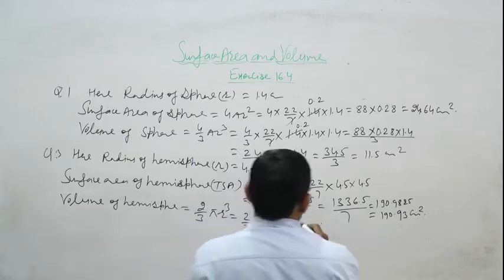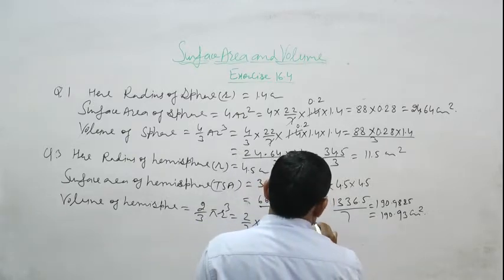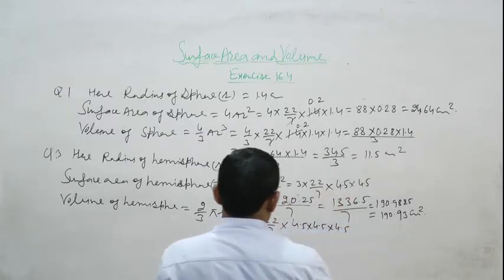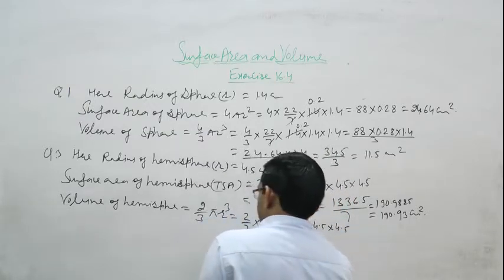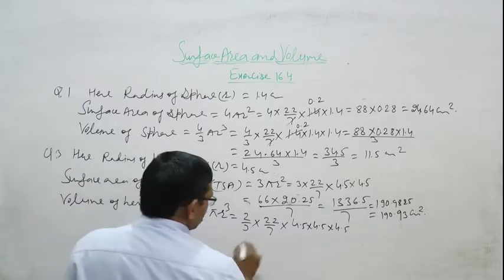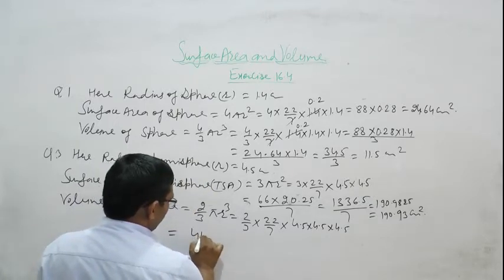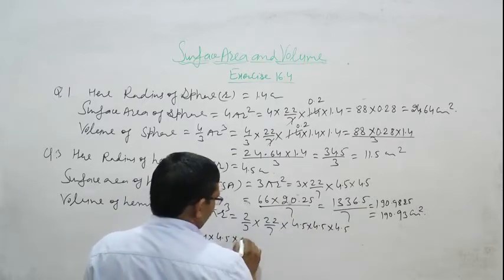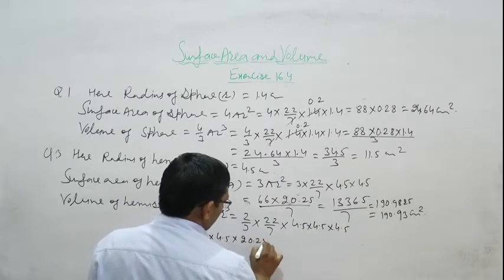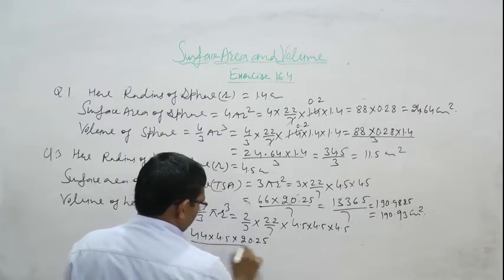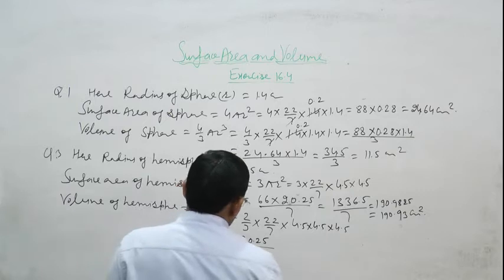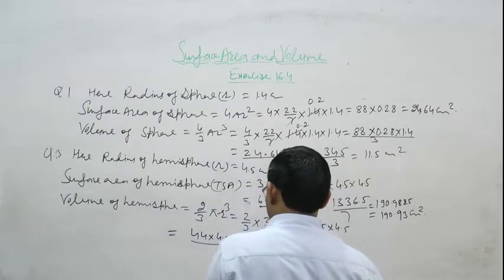Here r is 4.5 multiplied by 4.5 multiplied by 4.5. 22 multiplied by 4.5 multiplied by the square of 4.5, which is 20.25, upon 3 multiplied by 7 is 21.